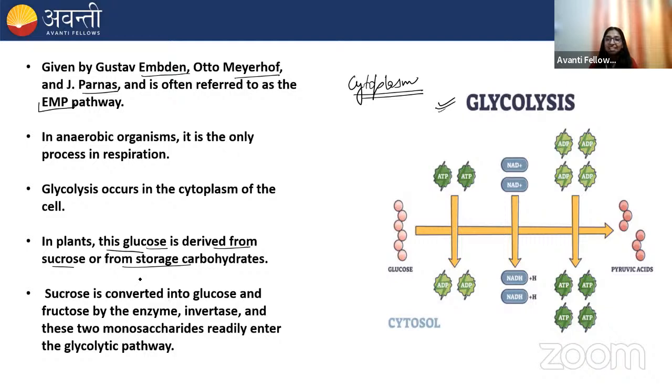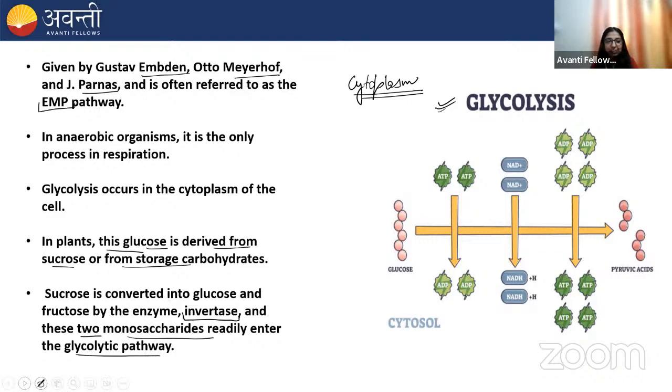It consists of two units. One is glucose, which is an aldose sugar, and the second is fructose, which is a ketose sugar. The enzyme which catalyzes this reaction is invertase, which converts sucrose into fructose and glucose. And then these two monosaccharides will enter the glycolytic pathway.